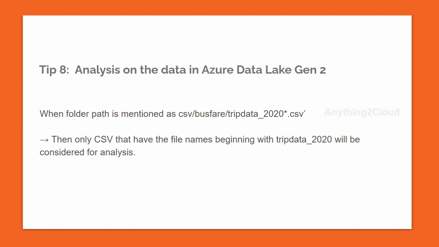If in the same folder you have any other file with a similar name but the extension is Parquet or any other file format, that will not be considered for processing. Similarly, if something is mentioned as tripdata_2020*.csv, then only the CSV files with names beginning with tripdata_2020 will be considered for analysis.